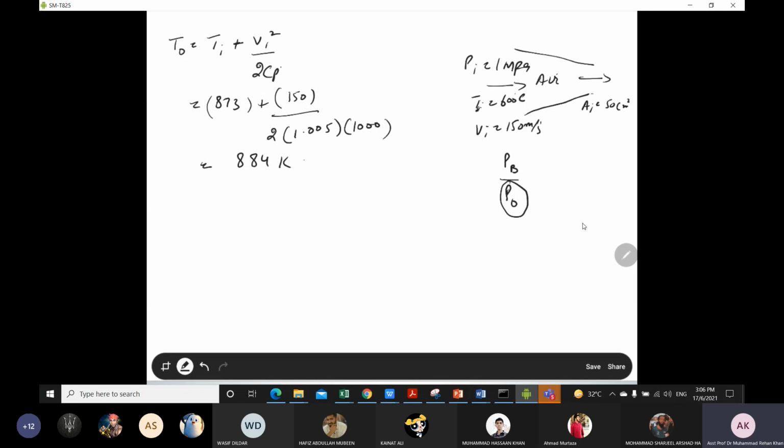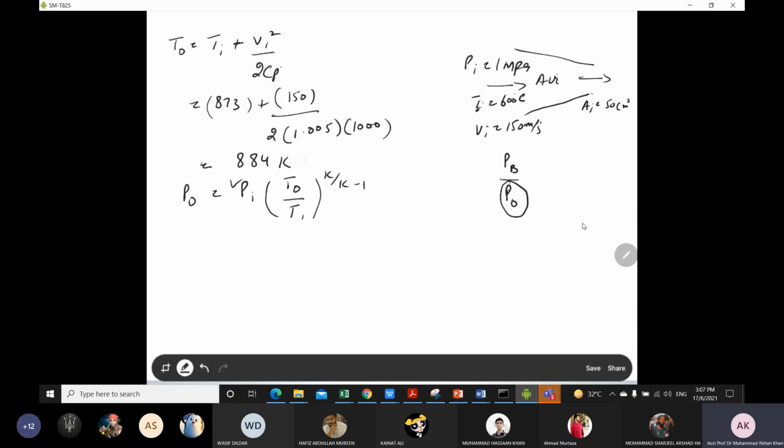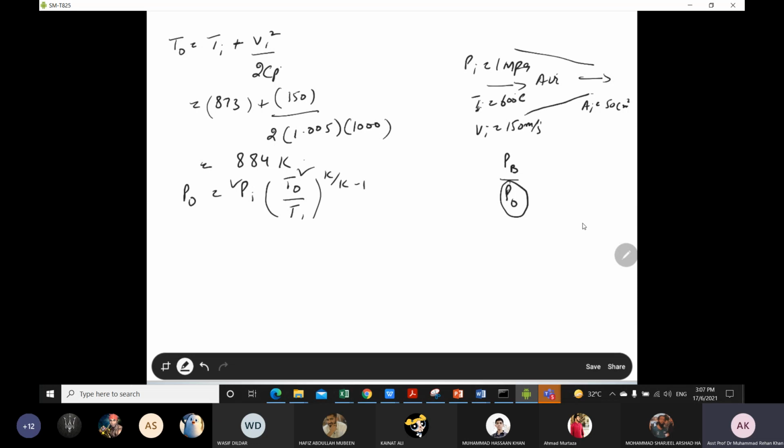Now from this data we can easily find the stagnation pressure, which is P naught equal to Pi times (T naught divided by Ti) raised to K divided by K minus 1. We have Pi from the problem statement, T naught we have just found, that is 884 Kelvin, Ti is 600 degrees Celsius, that is 873 Kelvin, and the K value for air we already know.